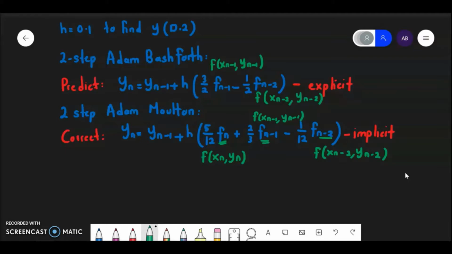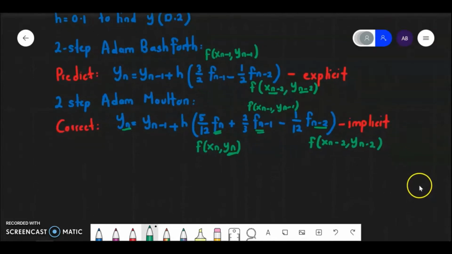The only problem we have is at xn minus 2. Now for this one, why is this implicit? Look at the yn term. You have the yn term on the right hand side and the left hand side here. So that's why this Adams-Moulton is an implicit method.